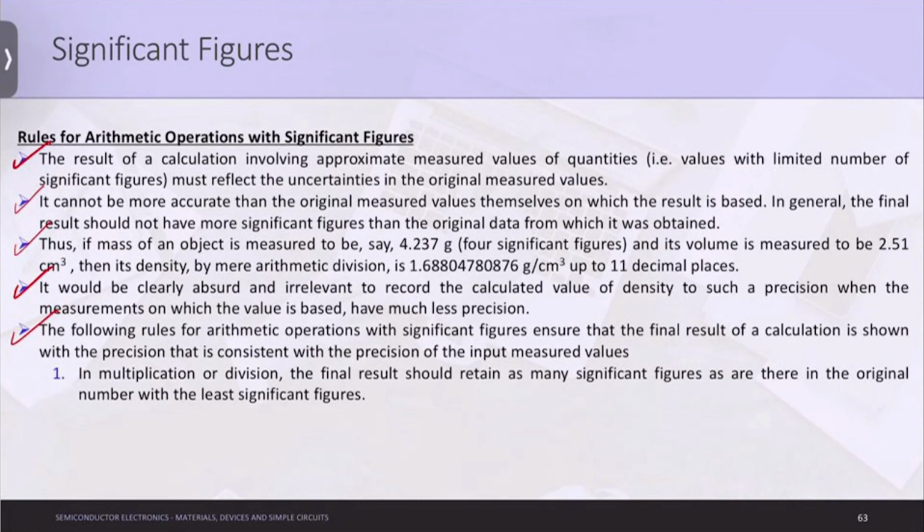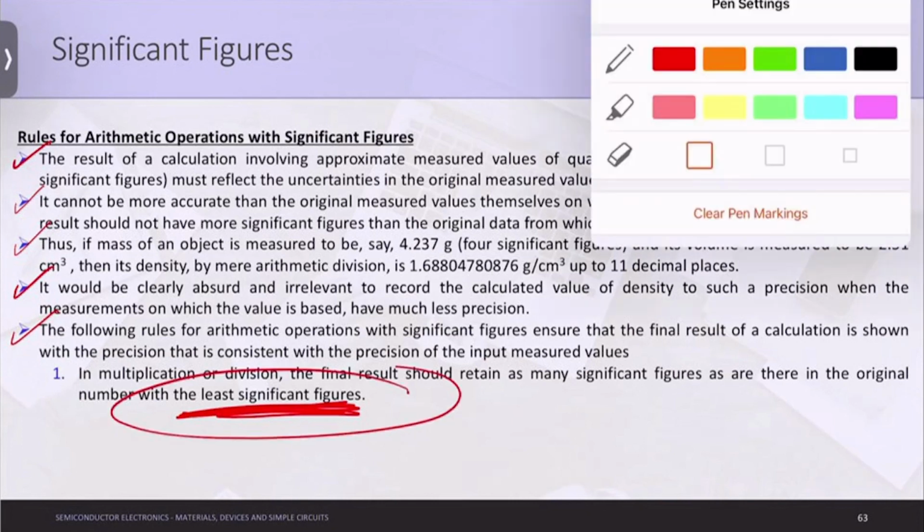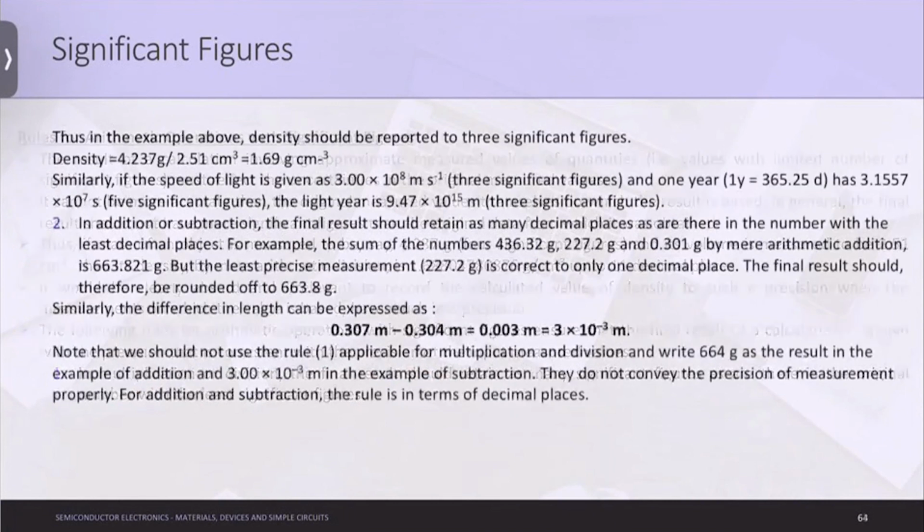The first rule states that in multiplication or division, the final result should retain as many significant figures as there are in the original number with the least significant figures. Very important. Thus, in the example above, the density should be reported to 3 significant figures.